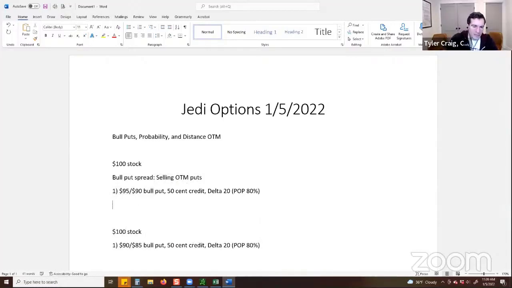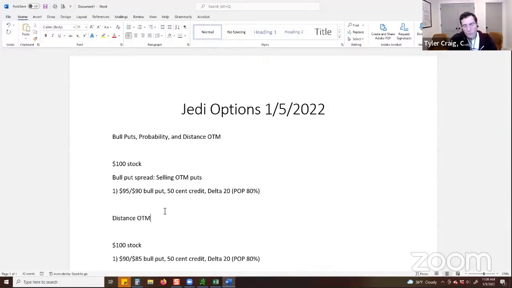Well, the problem is distance out of the money really is not the best way to look at it, because maybe the first stock is less volatile than the second stock. Okay. So looking at distance out of the money is okay, but not perfect. It would be better if you adjust for the volatility of that particular stock. Okay.